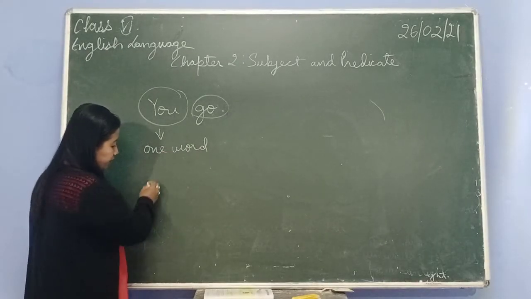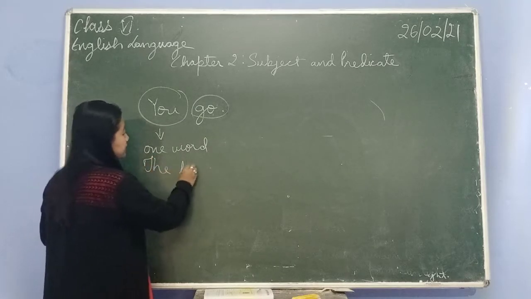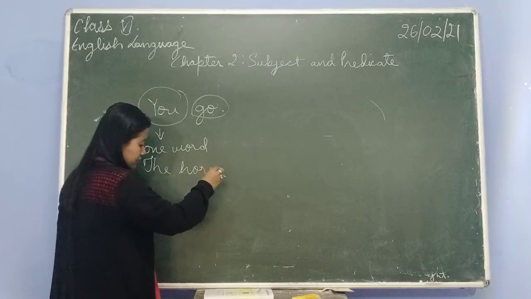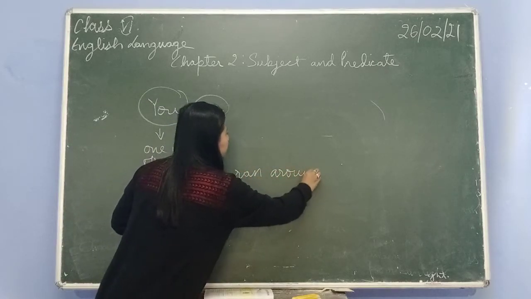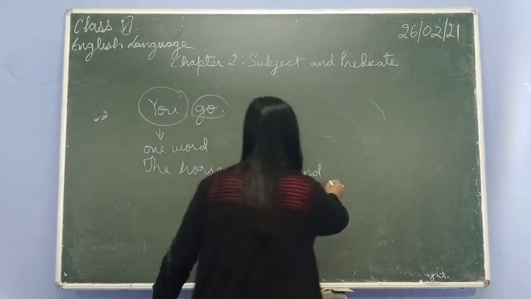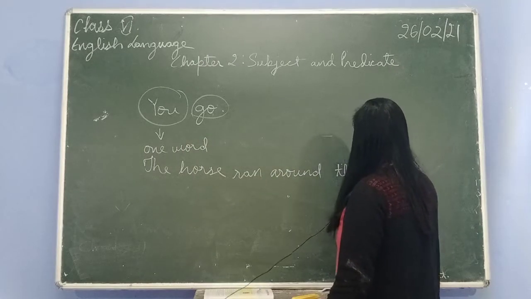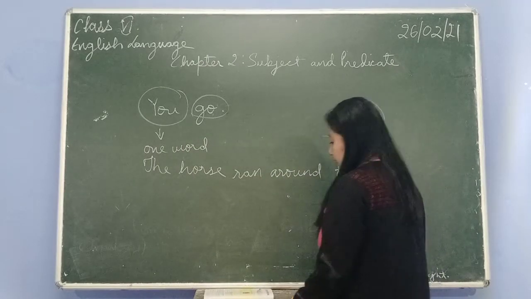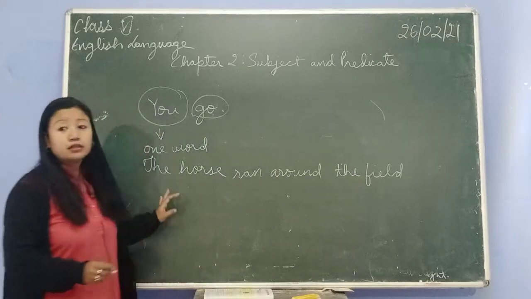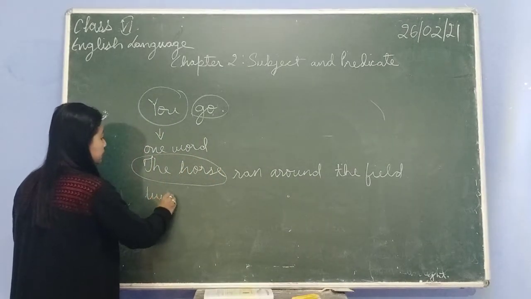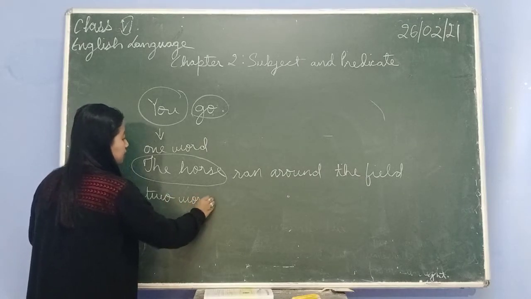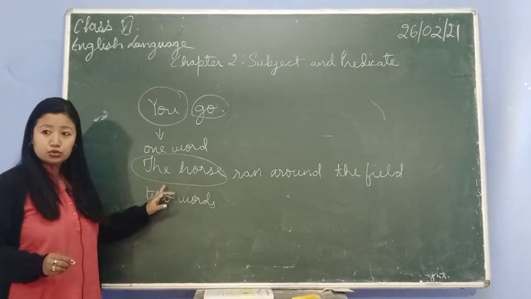Now if you see in your book the sentence, the horse ran around the field, you have two words as subject.